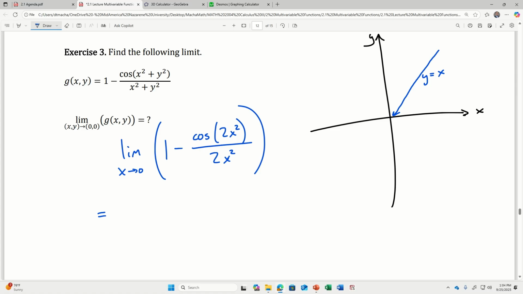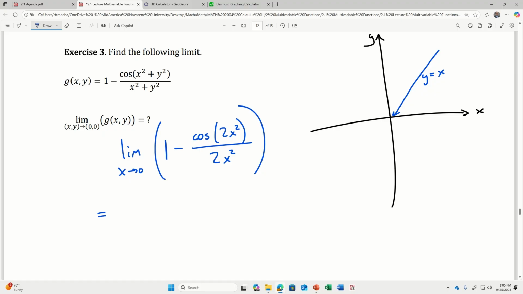Cosine of 0 is 1. And from this direction that I've shown in blue, all the x values are positive. So I'm talking about approaching positive 1 in the numerator and approaching 0 in the denominator, where both the numerator and denominator remain positive.